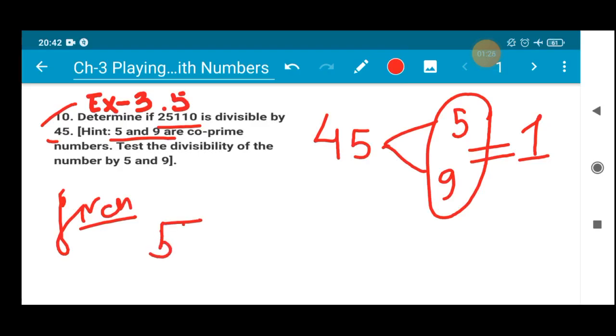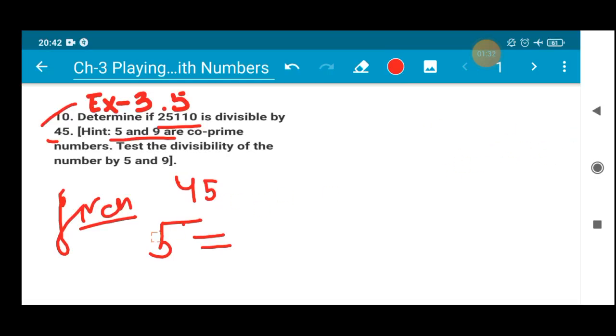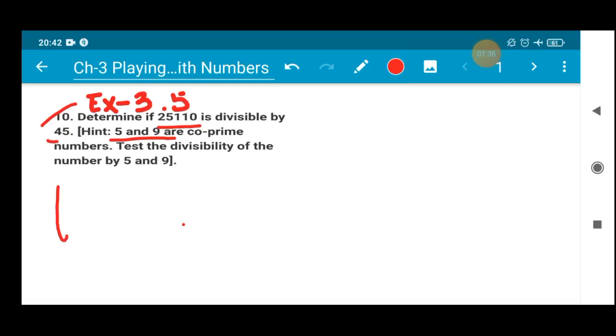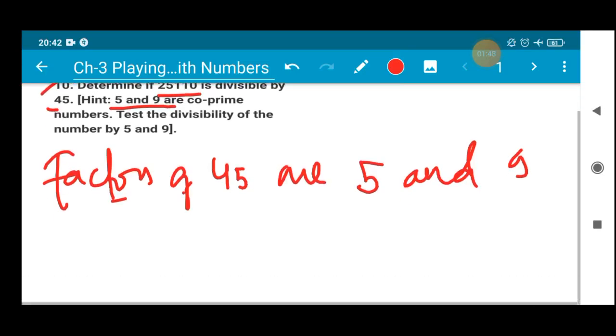Let me write in a very simple manner: factors of 45 are 5 and 9, yes, prime factors, of course. Now we will be checking the factors of 5.